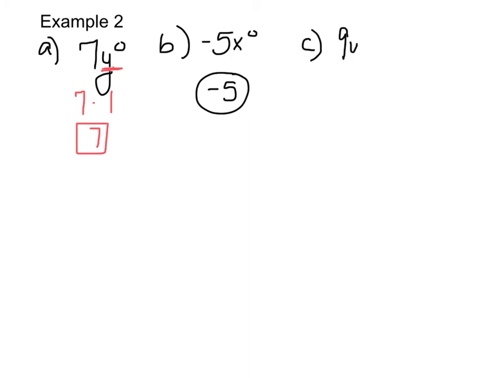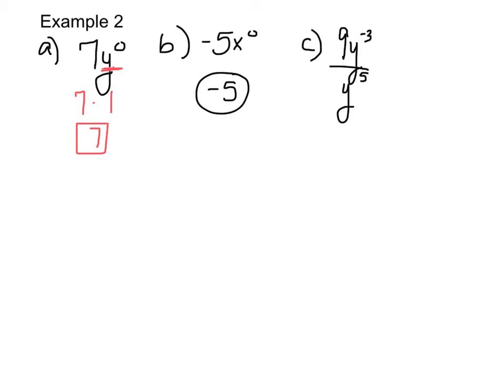C. 9 y to the 3rd divided by, let's make it negative 3rd power over y to the 5th. Now I'm going to show you both ways to do this problem.